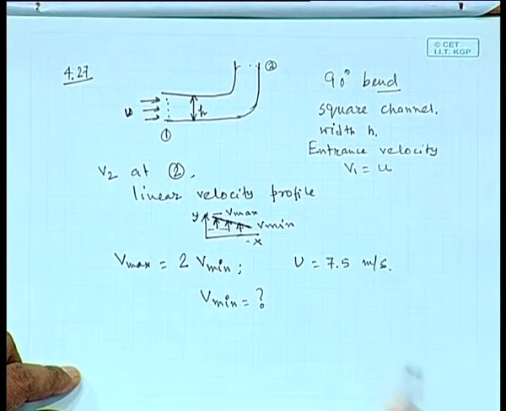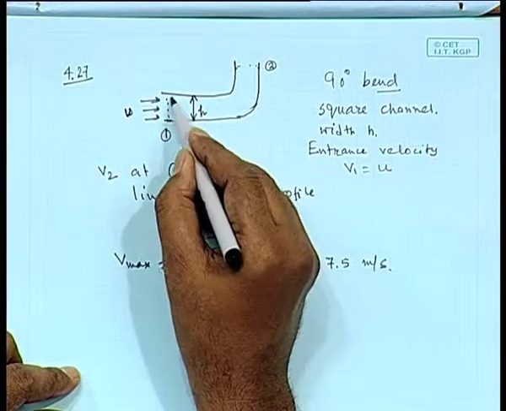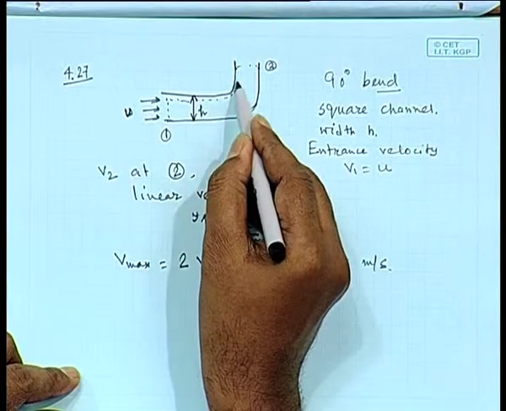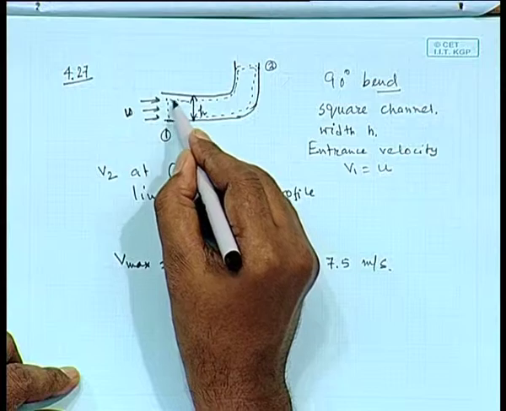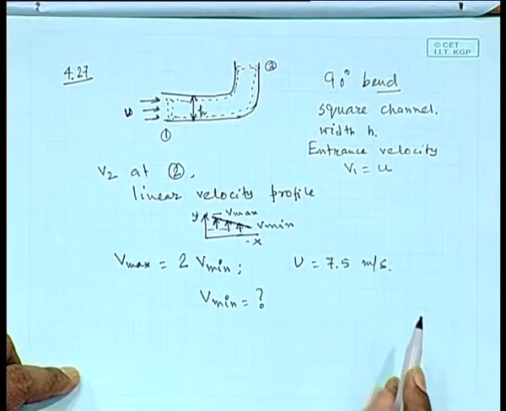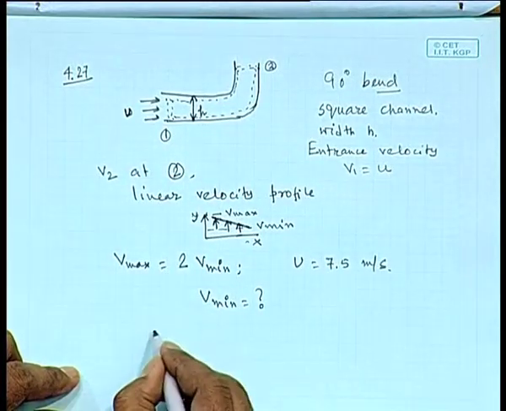So, again you have to select a control volume within this flow area, and this operation is under steady state, and you have to do an overall material balance.